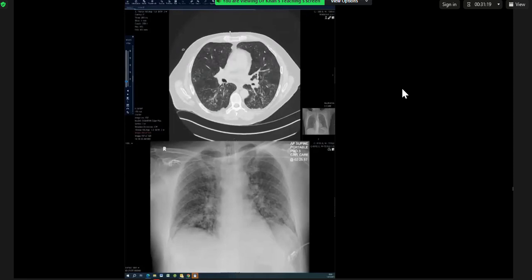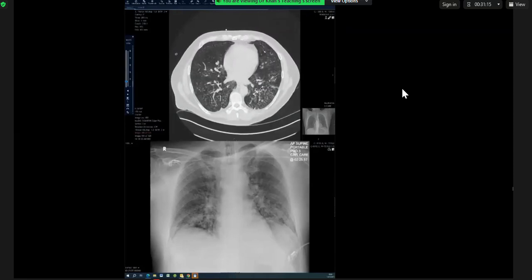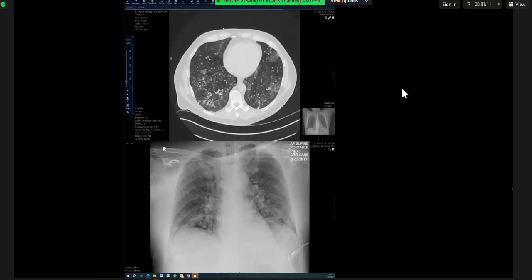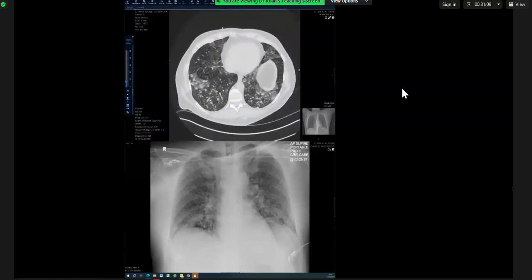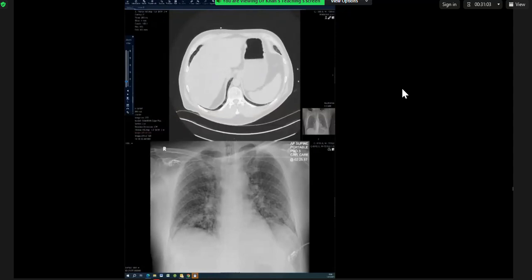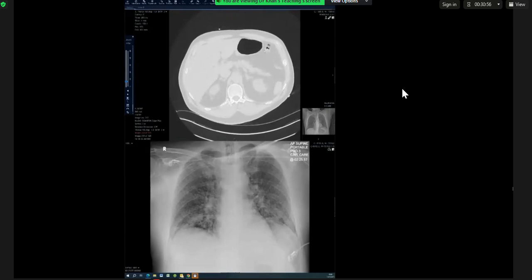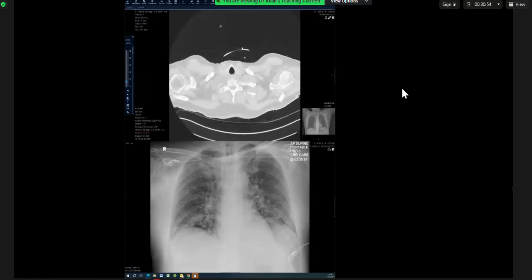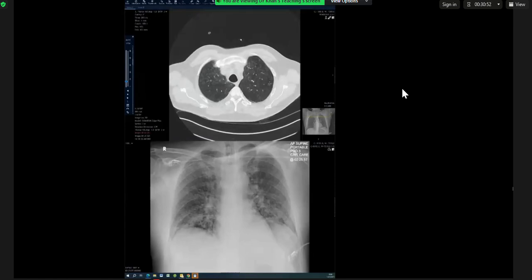Some of these are centrilobular in location. I do not see any tree-in-bud nodules, so this could be an endobronchial pathology such as endobronchial spread of infection.